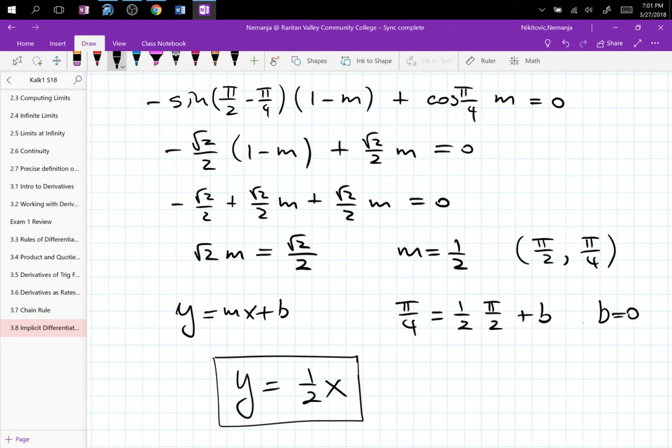Wow. Look at that. After all the trig and sines and cosines and pi over 2s and pi over 4s and square root of 2s, we get 1/2 x as a tangent line. Awesome, right? Right? Right, good.